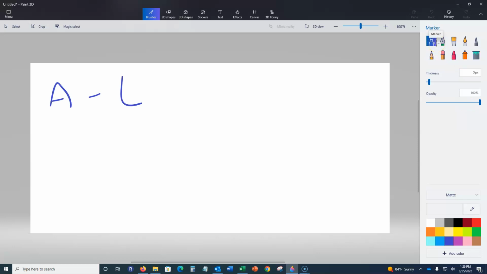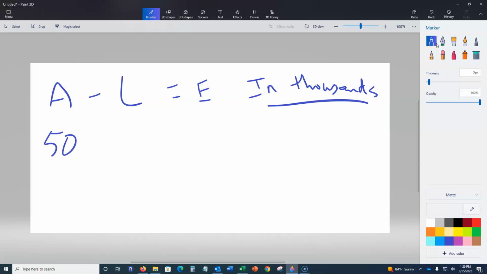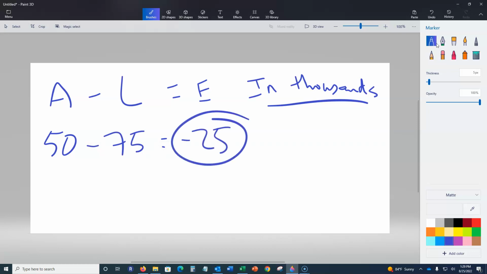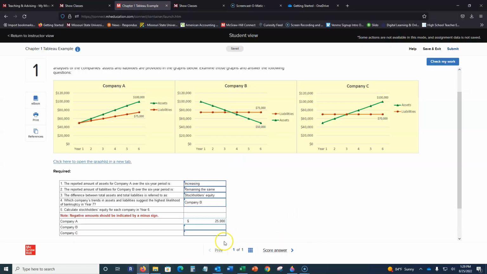A minus L equals E. We're going to say this is in thousands. Their assets were 50,000. Their liabilities were 75,000. Uh-oh, that's going to cause a problem, right? They currently have negative 25,000 in equity. Not great. Not a good thing.